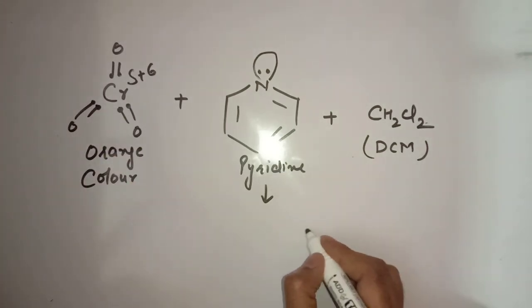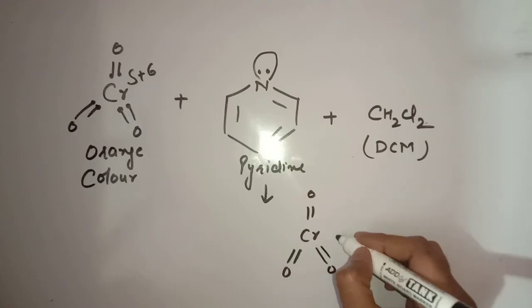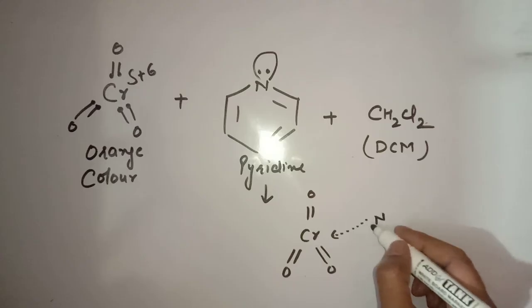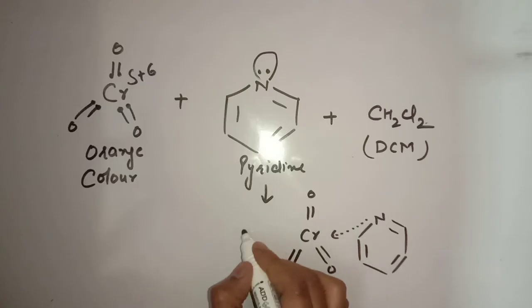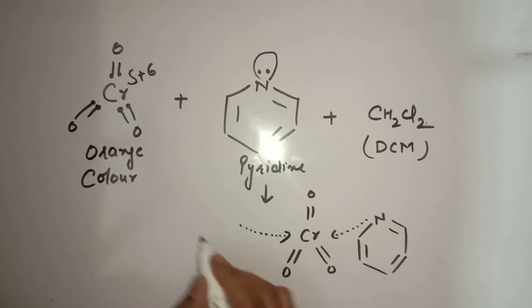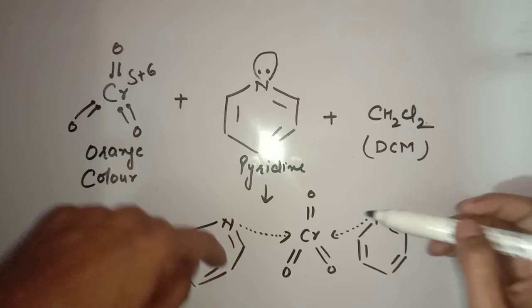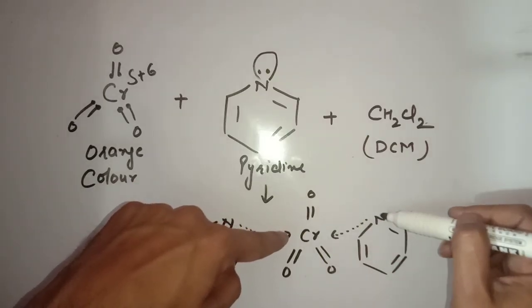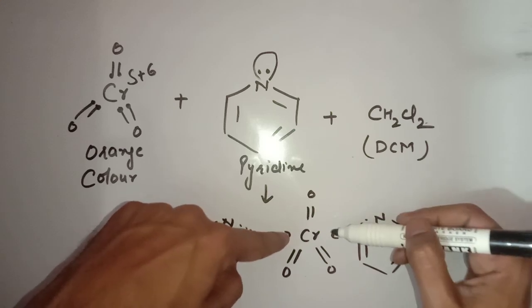Means around chromium, such type of bonding will be developed from the pyridine side. Partial vacant orbitals on chromium, due to which lone pairs of nitrogens are going into those partial vacant orbitals.